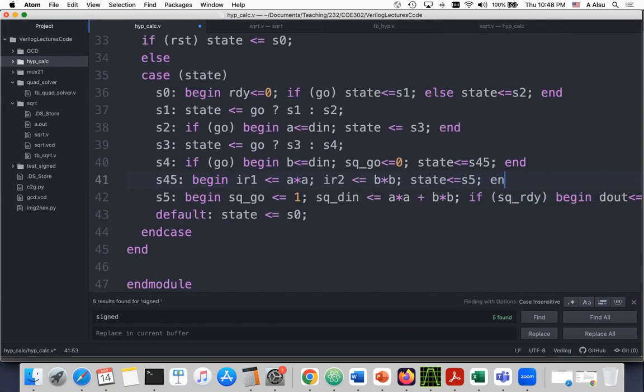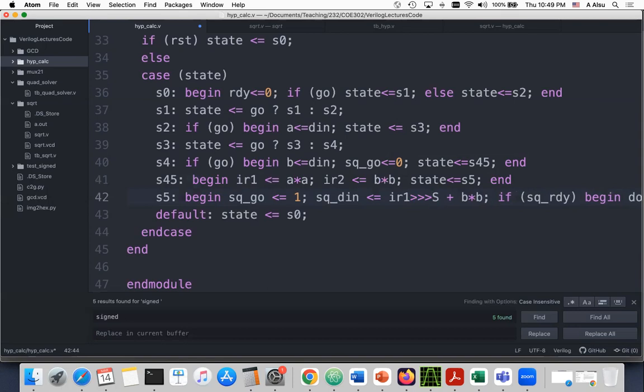That's all. And then you go to S5, and in S5, instead of taking A times A, I'll take IR1, but shift it to the right arithmetically. This is arithmetic shift right, so that we replicate the sign bit instead of shifting in a zero.